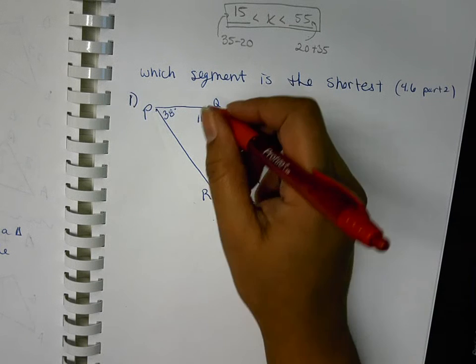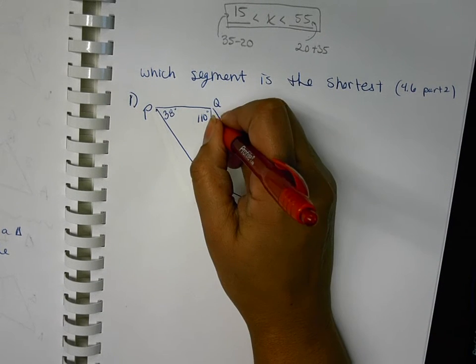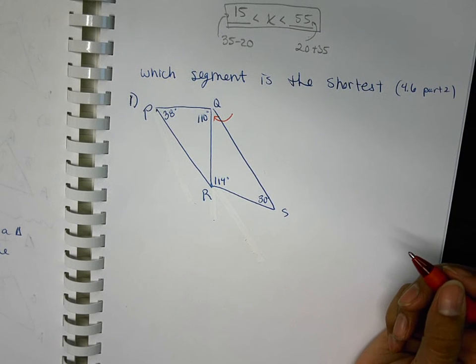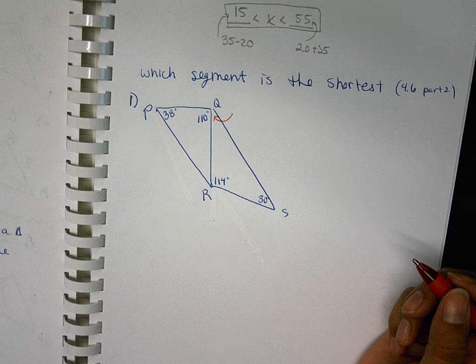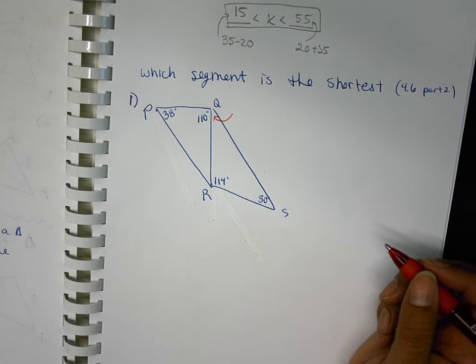All right, Cody, give me this angle up here, the RQS. RQS is 180 minus 140.